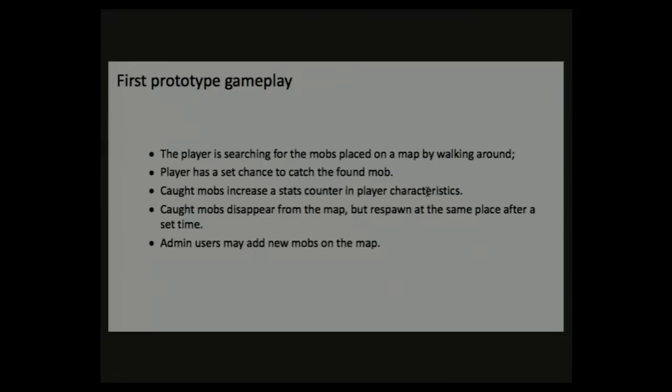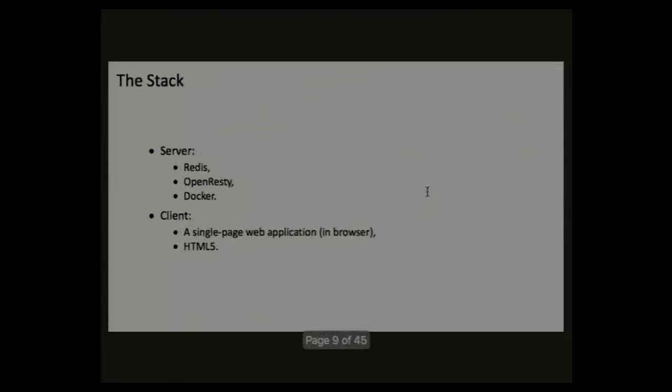There's a certain chance that the monster will escape. Otherwise, a statistics counter gets increased in the player's profile. The monster vanishes, and then it respawns after a certain time. Basically that's it. Other than that, admin users may add new mobs on the map, new spawn points. For the initial prototype, that's quite enough.